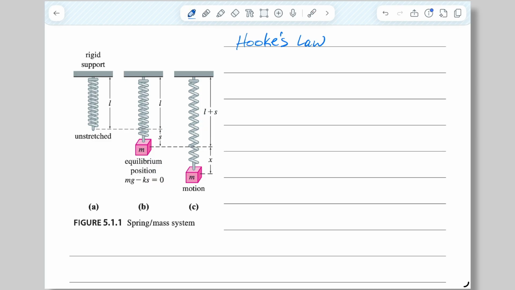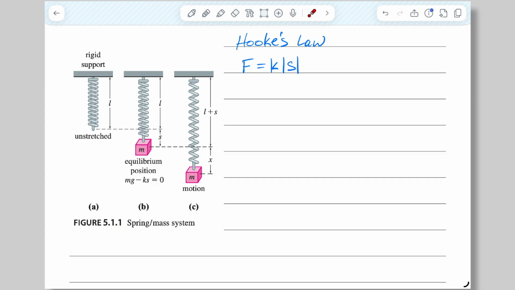According to Hooke's law, the amount of force required to keep a spring stretched a certain distance from equilibrium is given by F equals ks. What I've actually written is F equals k times the absolute value of s, because the force required to keep a spring stretched beyond or compressed within its natural length is the same.